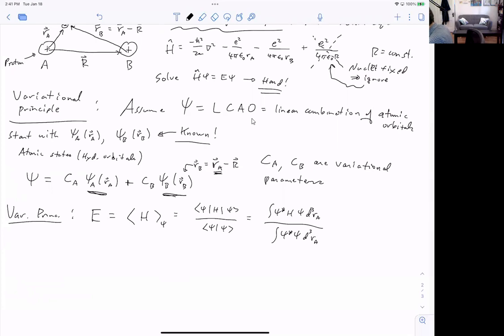Okay. And so then what I'm going to do is define some integrals. I don't want to actually do the integrals, but let's just define them.